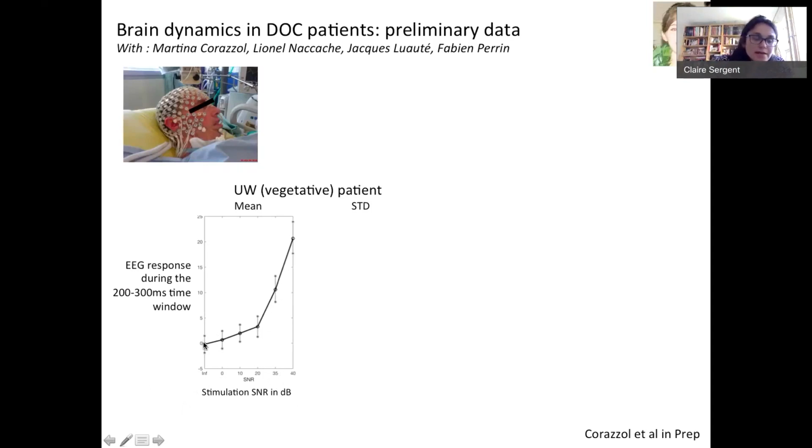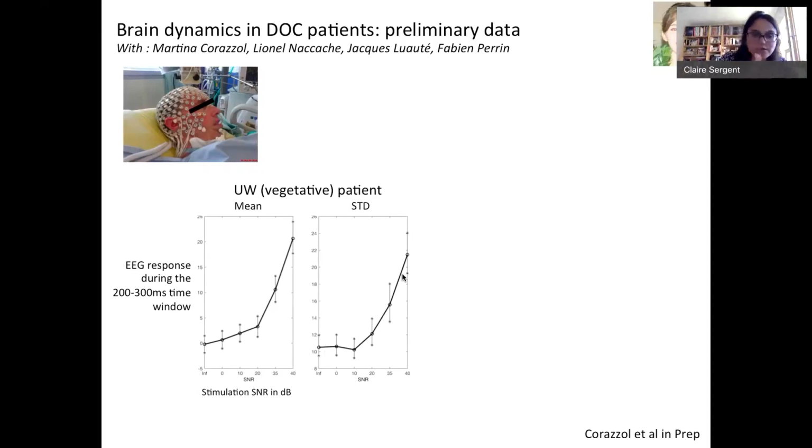The other thing that we'd like to see, that's okay, for the moment it's complicated, is, well, can we look at the relationship between mean activity and variability in activity, so standard deviation. In this patient, we clearly see that standard deviation just follows the mean, which is exactly what is expected from unimodal dynamics.